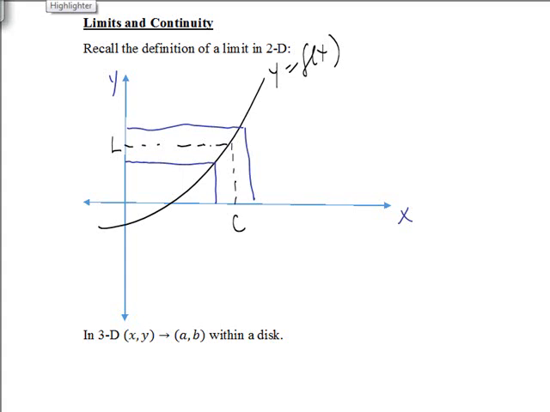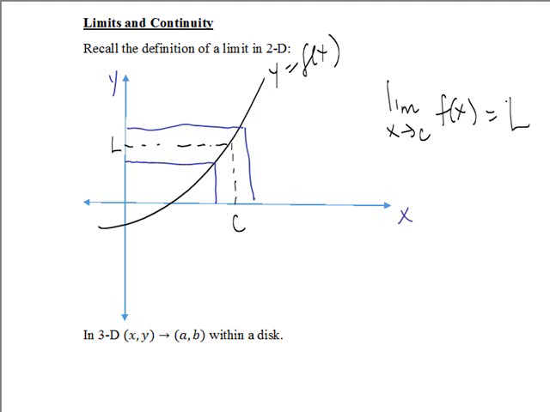What do we mean when we say the limit as x approaches c of f of x equals L? Remember that notation? How did we describe it? In mathematical terms, we use the epsilon-delta definition.